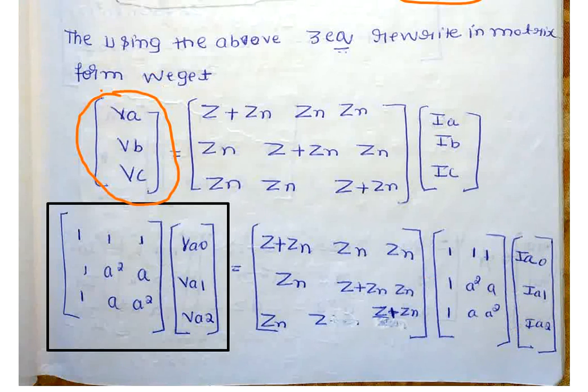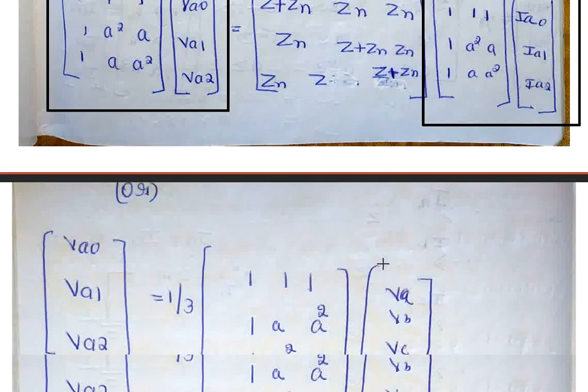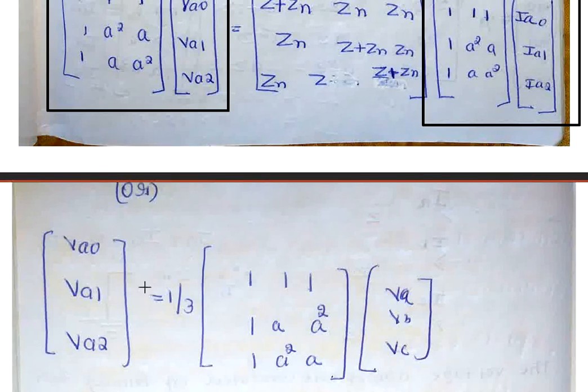So I can represent IA, IB, IC in this form: the matrix 1, 1, 1; 1, a square, a; 1, a, a square times the symmetrical components. Now, you need to multiply all the terms. Let us take VA0, VA1, VA2.